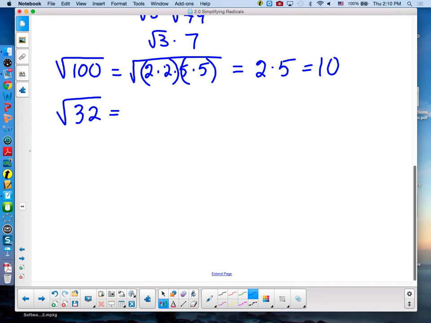Yeah. And then 2 and 8, and then 2 and 4, and then 2 and 2. Not adding, it's actually multiplying. All right, let's see what you come up with.